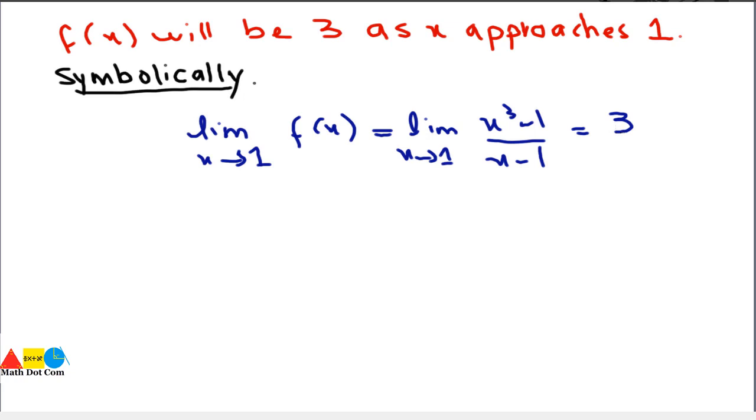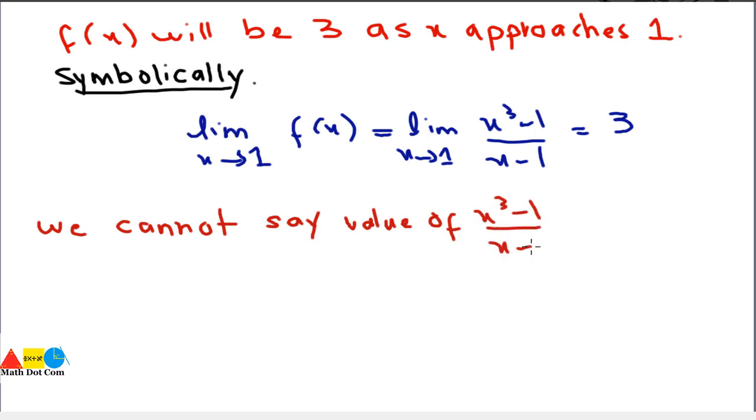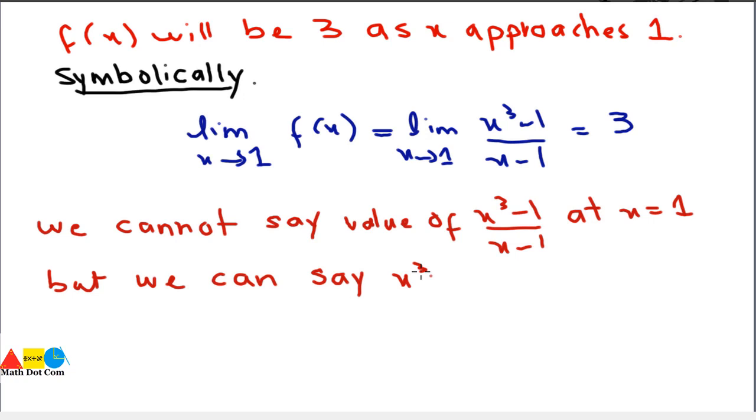So here is a very important statement that you need to understand. We cannot say the value of x cube minus 1 divided by x minus 1 at x equals 1, but we can say x cube minus 1 divided by x minus 1 is equal to 3 when x approaches 1. So there is a difference between these two statements.